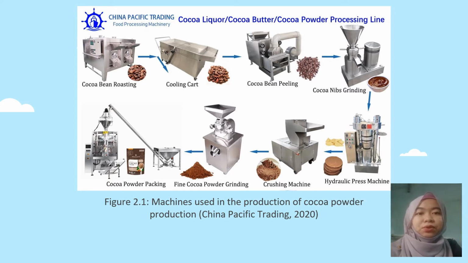First, there is cocoa bean roasting, followed by the cooling cart, and next is cocoa bean peeling, then cocoa nibs grinding, then the hydraulic press machine, followed by the crushing machine, and next is fine cocoa powder grinding, and lastly, cocoa powder packing.